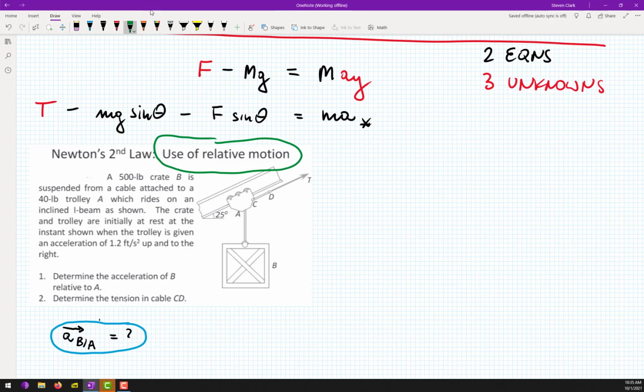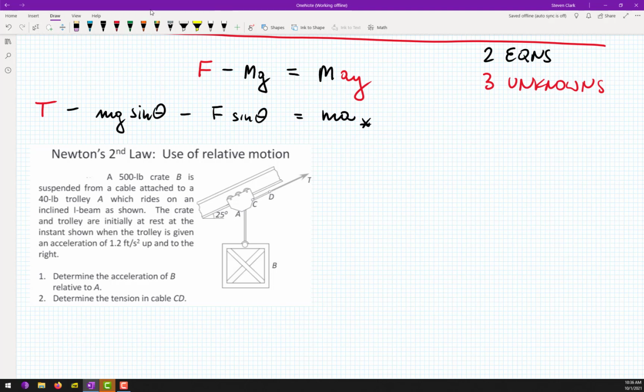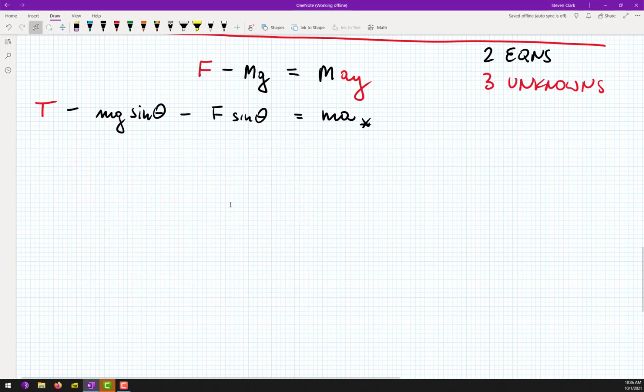Anyway, what I'm getting at is that this part is quite abstract. So be concentrated, and in order to find the third equation, we must look at the relative motion of these two bodies. Okay, so let's do that.